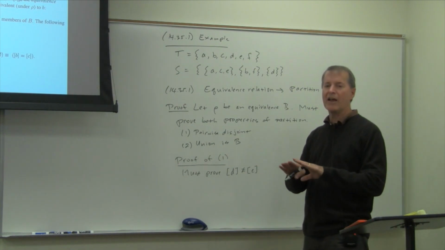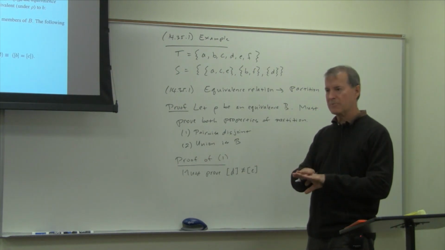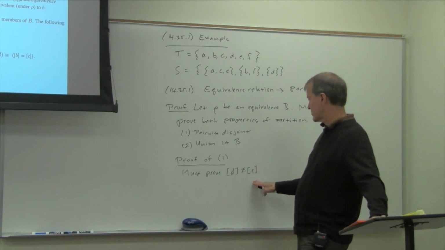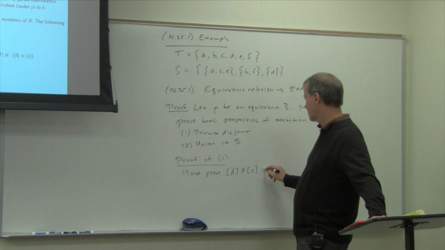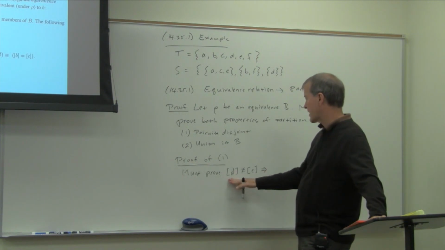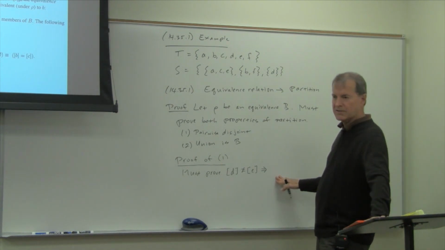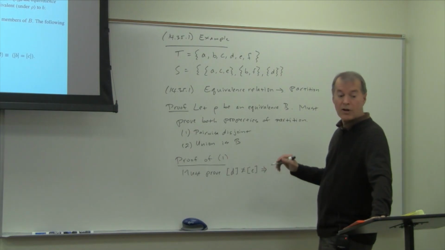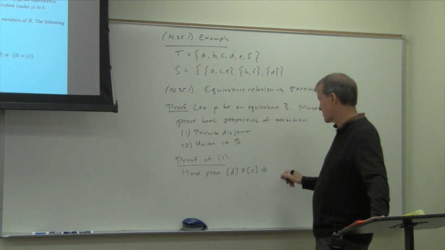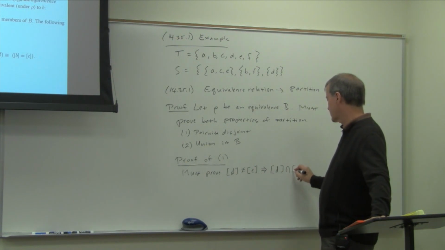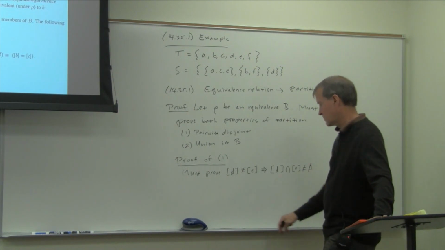Obviously if they're equal, it doesn't apply. But if they're not equal, what must that imply? That the union of them is not the intersection? No, not the union. The intersection. This must imply that D intersection E is not equal to the empty set.